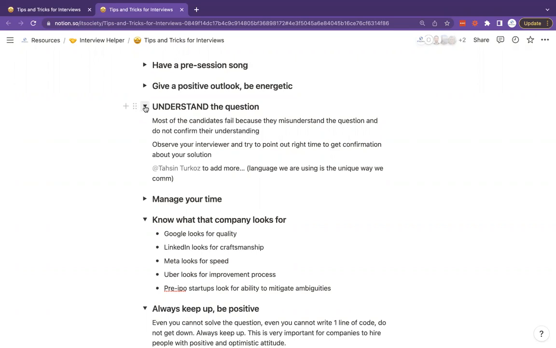So the position, the offer we are getting from them is not only the technical language. The language we are using while talking to them, expressing ourselves, to be honest, this part is also important.